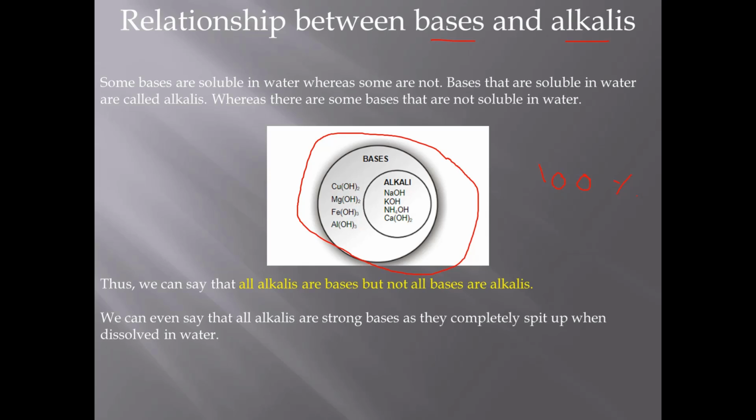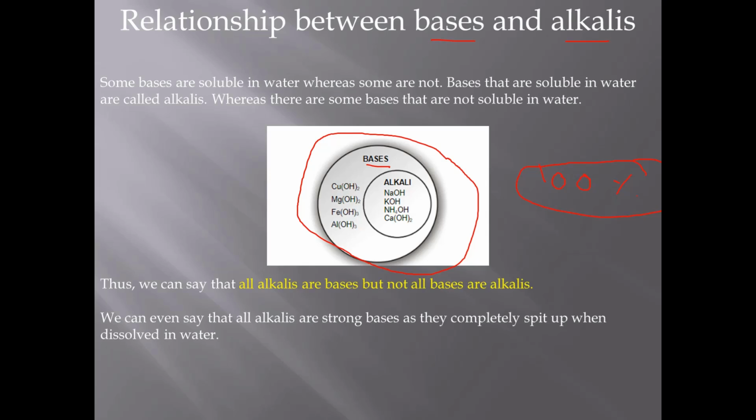Now we can see that these are some bases, and within the bases these are some alkalis. So what are the alkalis? NaOH, that is sodium hydroxide, KOH, that is potassium hydroxide, NH4OH, and Ca(OH)2. These are all 100% soluble in water, but those on the outside of the alkali circle are not fully soluble. They are partially soluble.